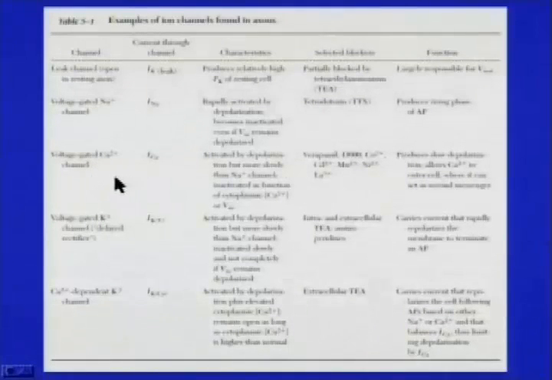Next, the voltage-gated calcium channel. So it's activated by depolarization, but more slowly than the sodium channel. So voltage-dependent for opening and delayed compared to sodium channels, a temporal feature for opening.